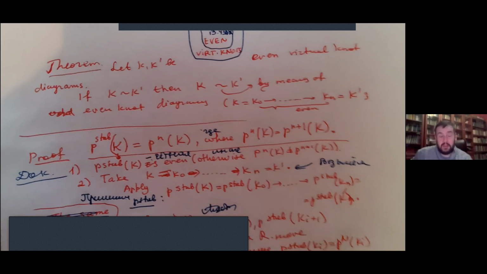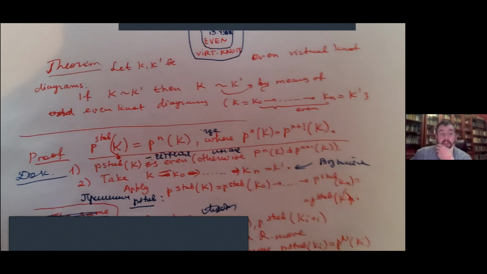Применим второе, применим третье и так далее, применим стабильное, и в итоге они все будут либо совпадать, либо отличаться движением Райдемайстера. So we use P, P squared, P cubed, and so on. And always we have these two diagrams, Ki and Ki plus 1, which either coincide or differ by a Reidemeister move.